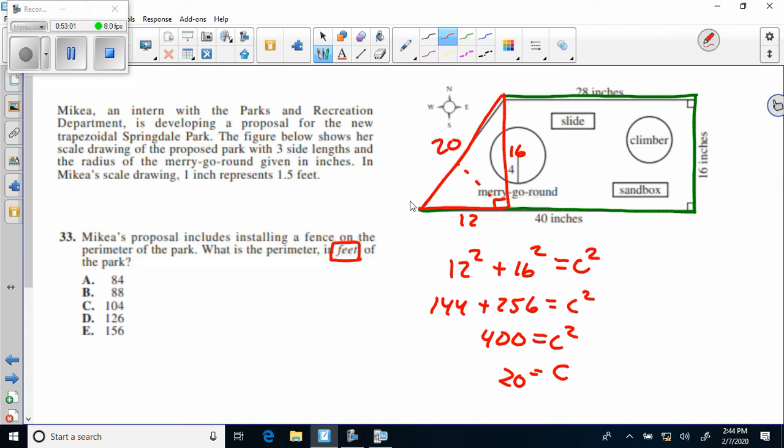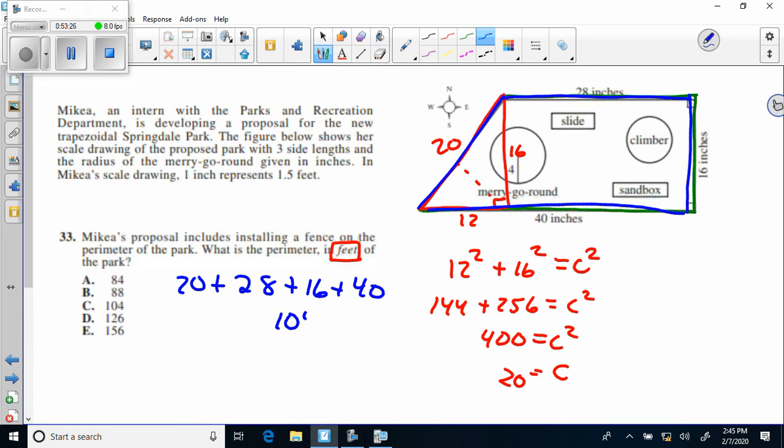So if I just did the perimeter in inches, just added up everything around the side, I would have this 20 right here, plus the top, which is 28, plus the right side, which would be 16, and the whole bottom was 40. So if we add all those together, we'd have 60, 76, 96, I think that's 104.